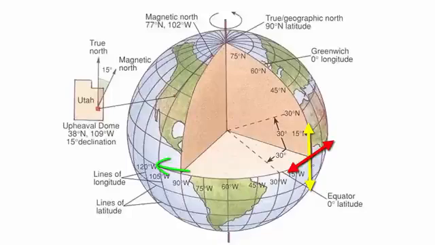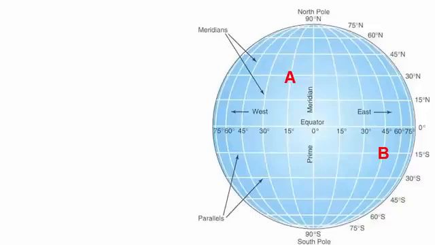In fact, we travel exactly 109 degrees west. And from the equator we travel not quite 45 degrees north, but 38 degrees north. If we do both those things, we end up at Upheaval Dome and nowhere else. Thus, Upheaval Dome is located at 38 degrees north of the equator and 109 degrees west of the prime meridian.